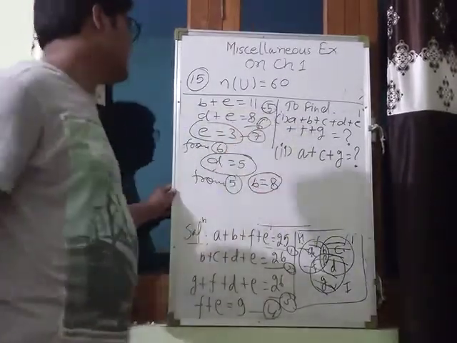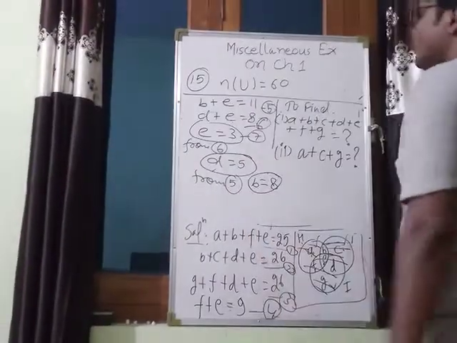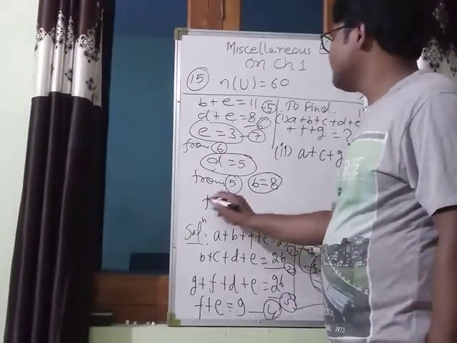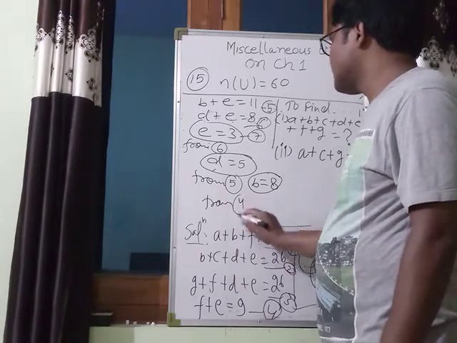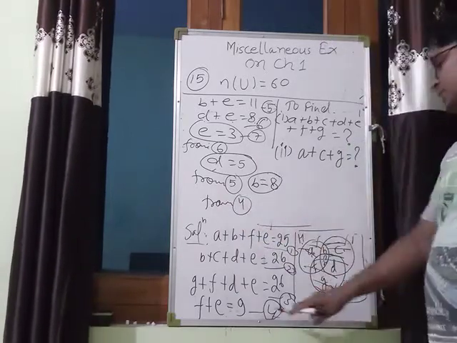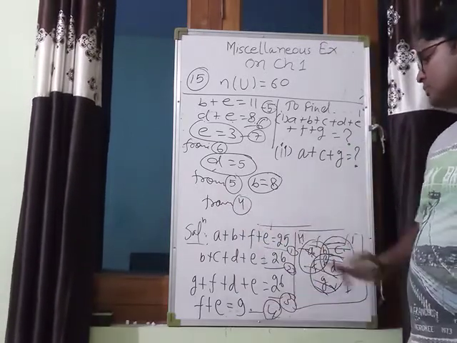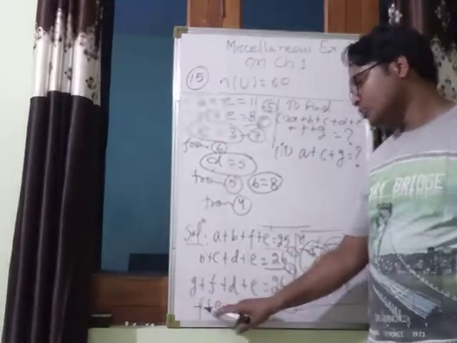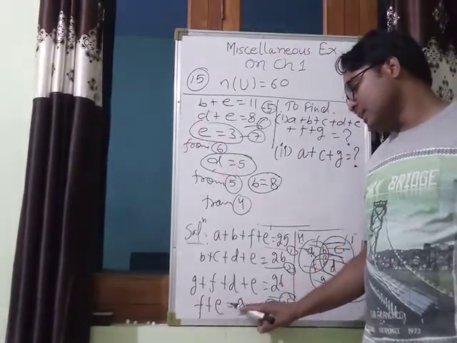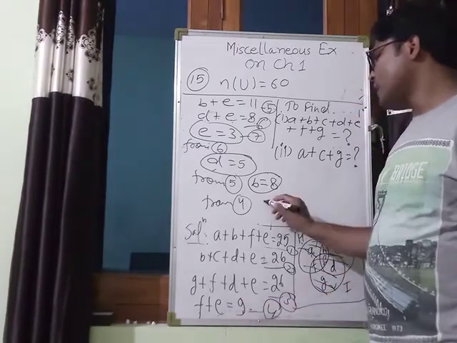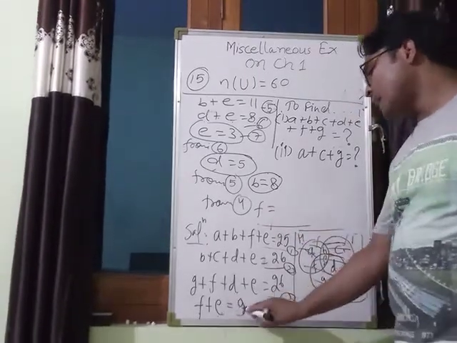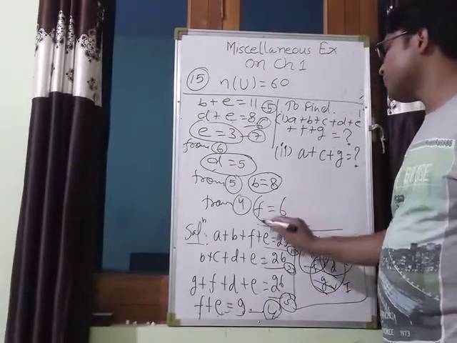Now from fourth, put the value of E here, so F plus 3 is equal to 9, then F is equal to 9 minus 3, that is 6.